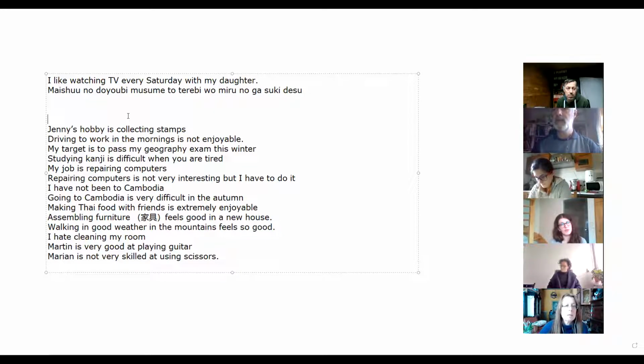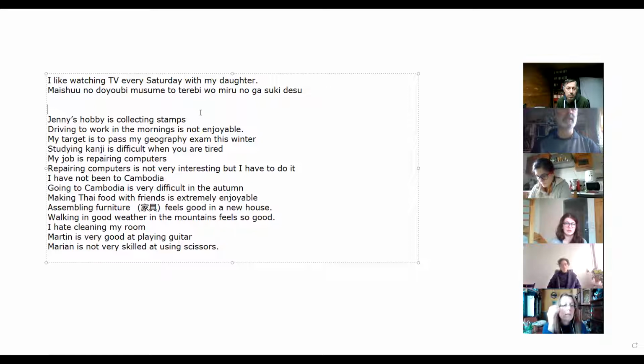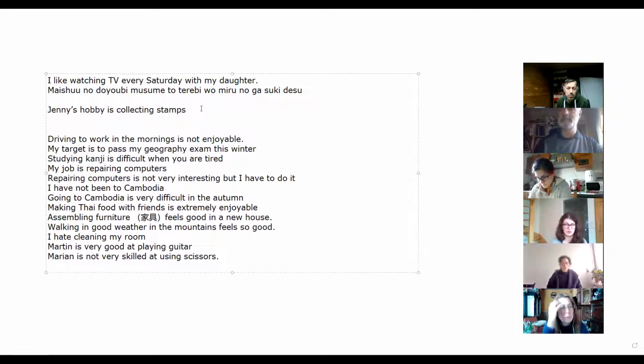Perfect. Next, Jenny's hobby is collecting stamps. You have to decide if this is no or koto, wa or ga. Well, there is no adjective, so it has to be koto. Jenny no shumi wa. Vocabulary. What was it?